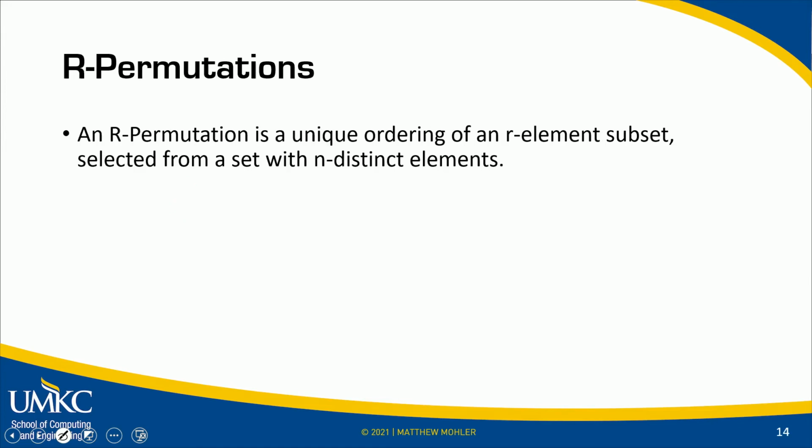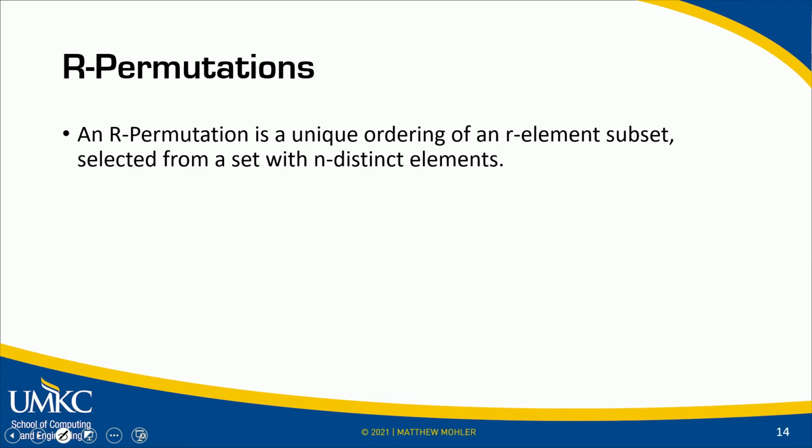Now, the next thing we'll look at is what's called an R permutation. So we looked at permutations earlier and said that that is just n factorial. But an R permutation takes things a little bit differently. Instead of saying how many permutations of the same length as the original set can I make, we're going to ask the question, how many unique orderings of a subset of the set can I make with a defined length, with R elements?